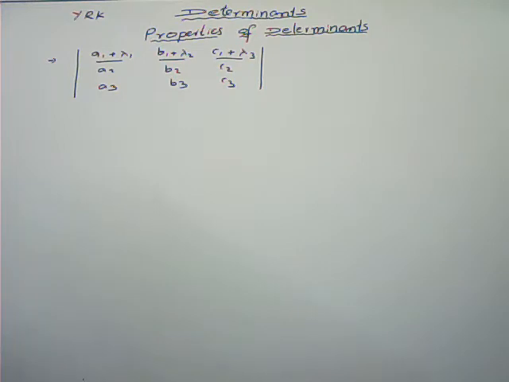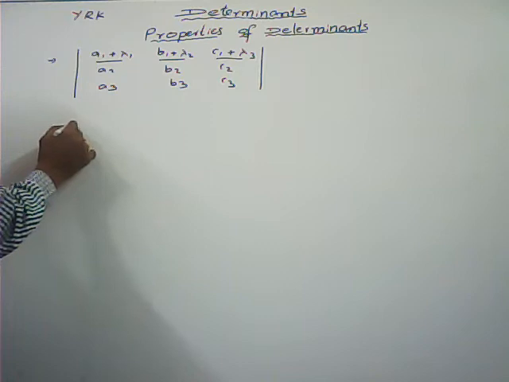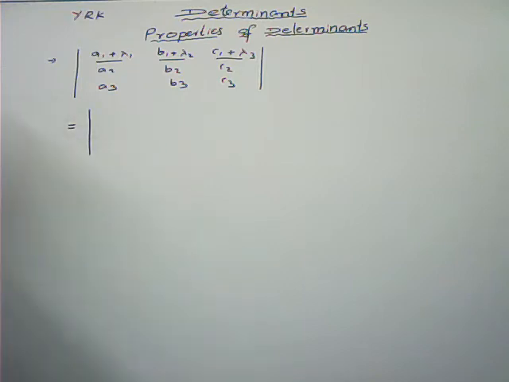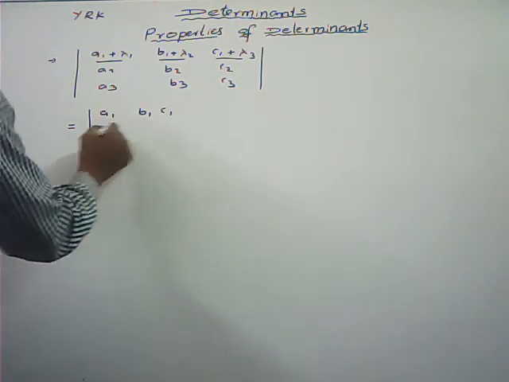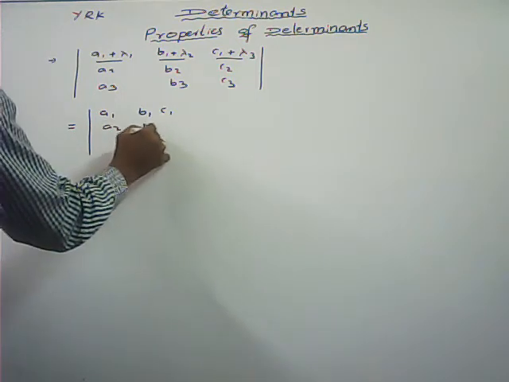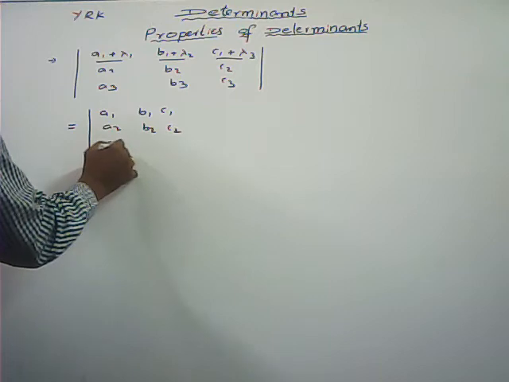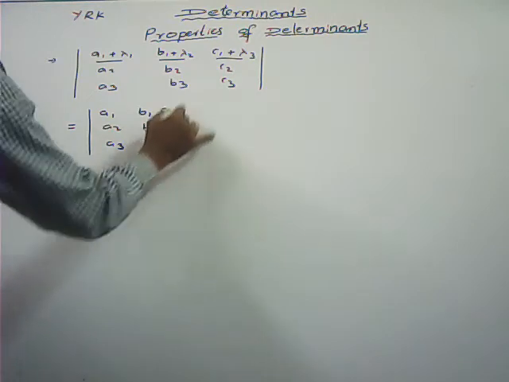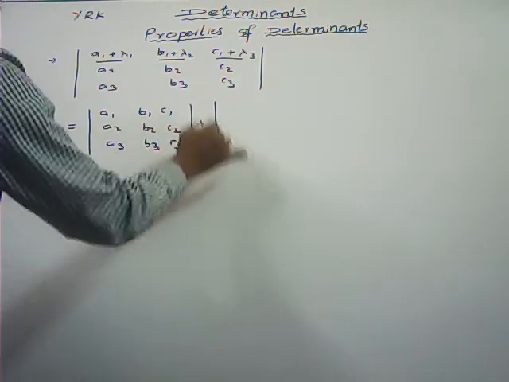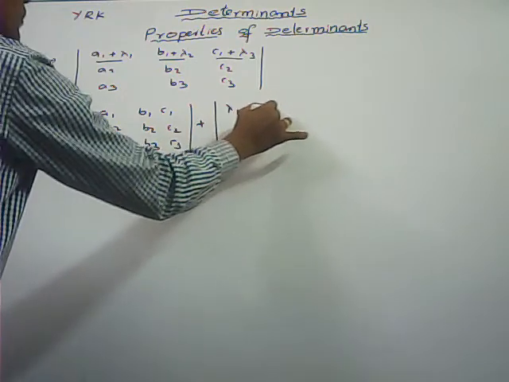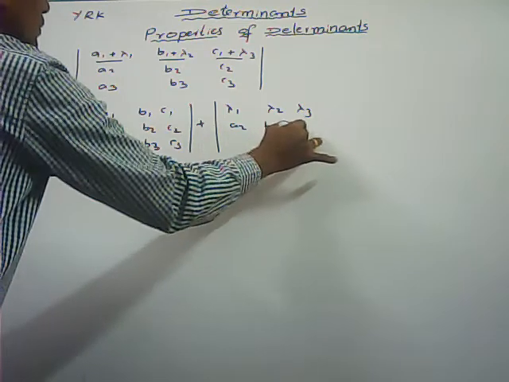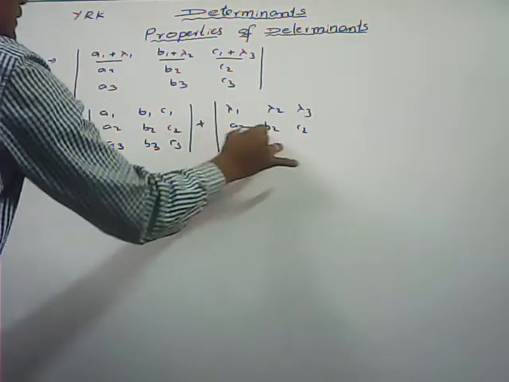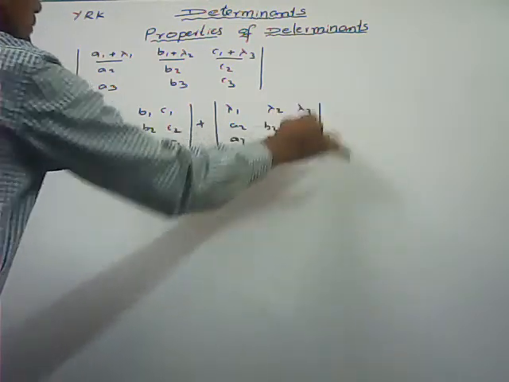So its determinant can be expressed as a sum of two determinants, that is equal to the determinant of a1, b1, c1, a2, b2, c2, a3, b3, c3 plus lambda 1, lambda 2, lambda 3, a2, b2, c2, a3, b3, c3.